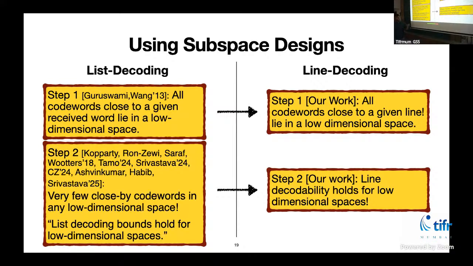And then we show that line decodability bounds hold for low dimensional spaces. So we can just mirror these sorts of arguments. Again, this is very clean, but I think one thing that makes this all clean is just having the right definition. The way we define subspace design codes, even though subspace designs have been around for a while, maybe this precise definition was not written down like this.